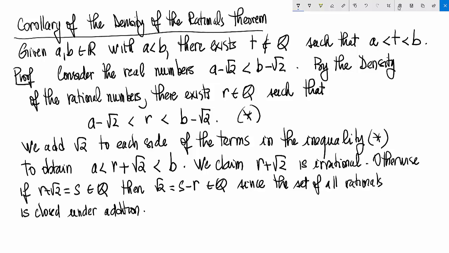We could have picked square root of 3 or square root of 5 or pi, any other irrational number for that matter, right? Square root of 2 is not playing an essential role here. But the point is, R plus square root of 2 is an irrational number sitting in between A and B. Okay, and so we get the desired result. Thus the claim holds indeed.